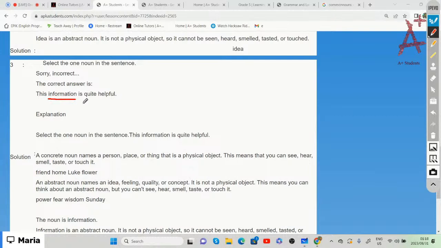We cannot hear information pop up. We cannot smell information. We can't say information smells like sweet roses. And we cannot taste information. And also, we cannot touch information, right? It's like on cartoons or television or certain movies, right?